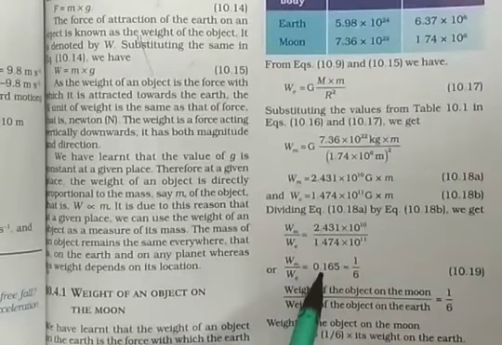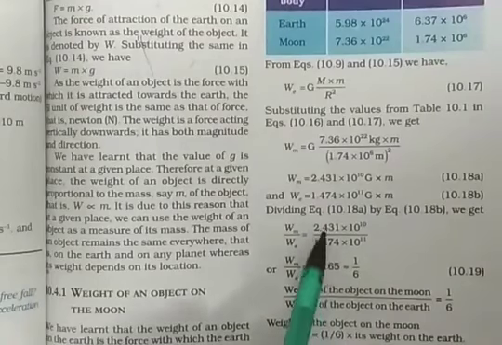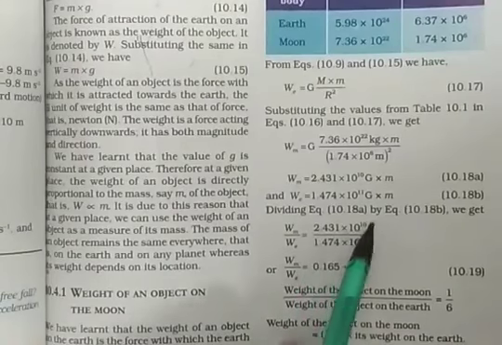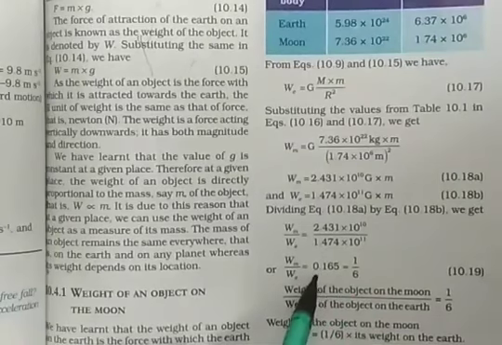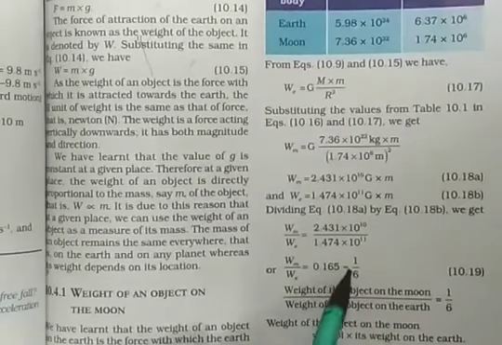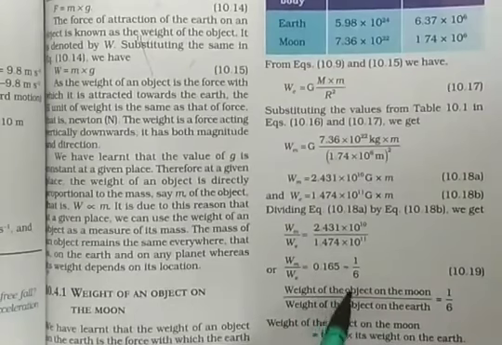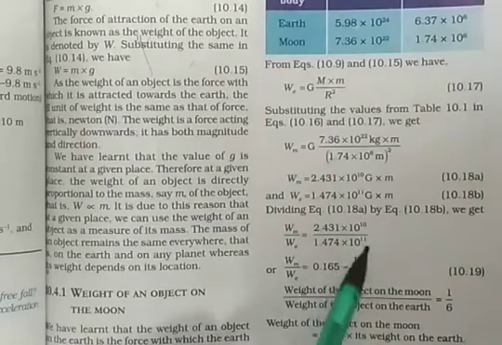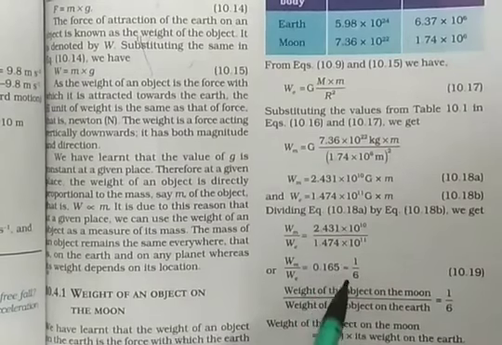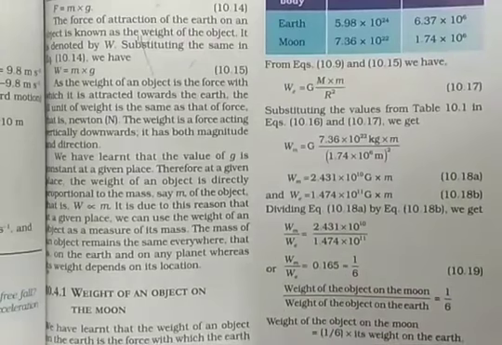What will remain is 0.165. When we divide 2.431 × 10^10 by 1.474 × 10^11, we will get 0.165. You can write this as 1/6 also, right? The weight of the object on the moon will be 1/6 of its weight on the earth, right? So this we have derived now.